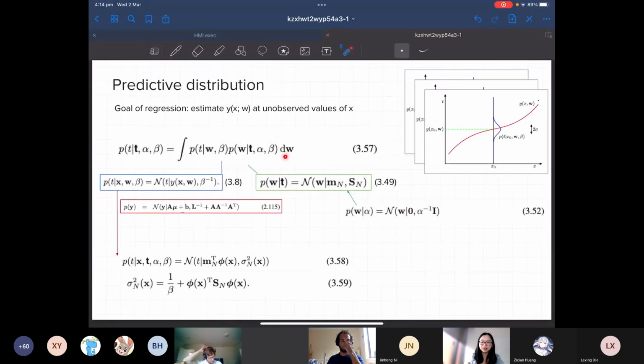It means this. Again, there's a bit of notation to digest. What it essentially means is we take this target distribution, use Bayes' rule, multiply with the posterior of the parameter, and then integrate the parameter W out, right? So we know what the posterior is. That's what we spent most of the past hour.